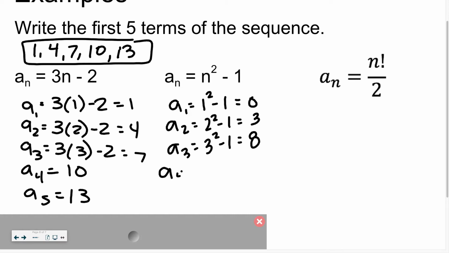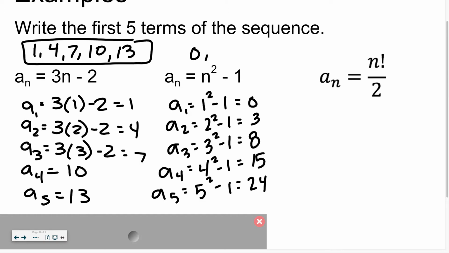If you're not sure that that actually works, you can always just do the work for the other terms. But sure enough, it does work, right? We go up by 7, we go up by 9. So again, that is a super helpful pattern if you notice that, because if I gave you the sequence 0, 3, 8, 15, 24, a lot of people don't know how to write a rule for that, but they'll describe the pattern in their own words.